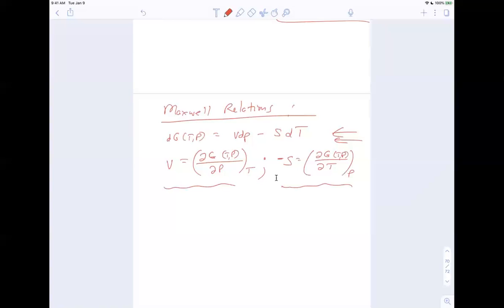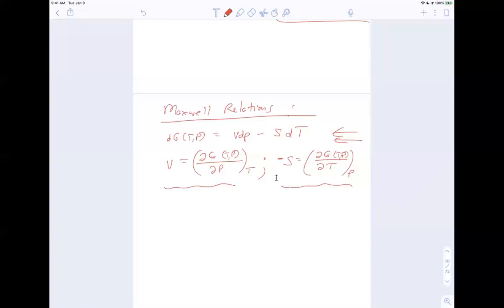In the first case, we took the partial with respect to pressure, and in the second case, with respect to temperature, holding the other variable constant in both cases. Having taken the first partial derivative of G with respect to one of those variables, we can take the second partial derivative with respect to the remaining variable that we held constant the first time.